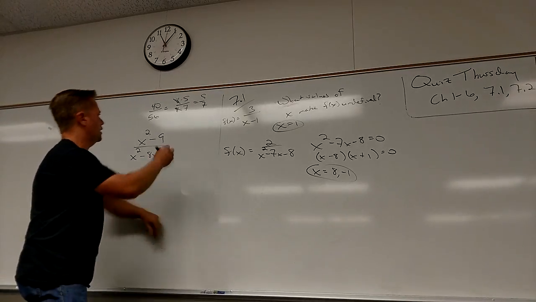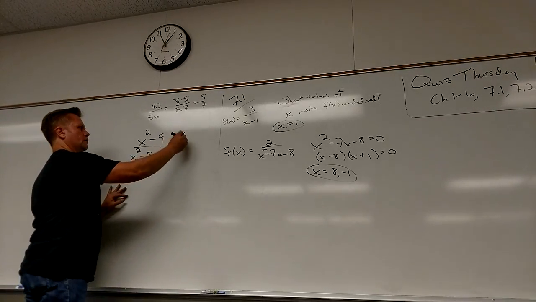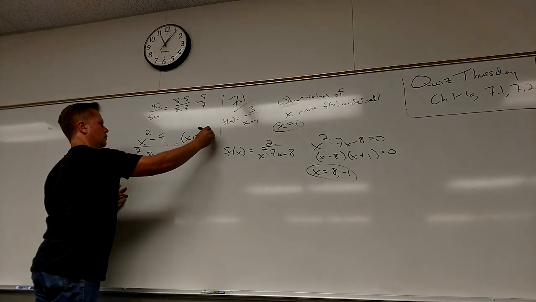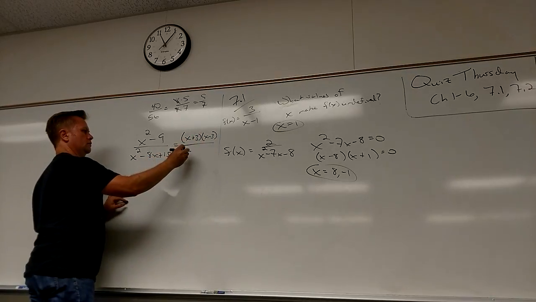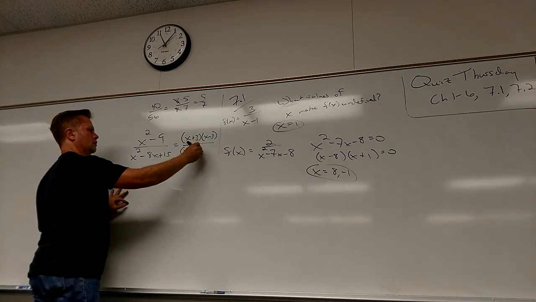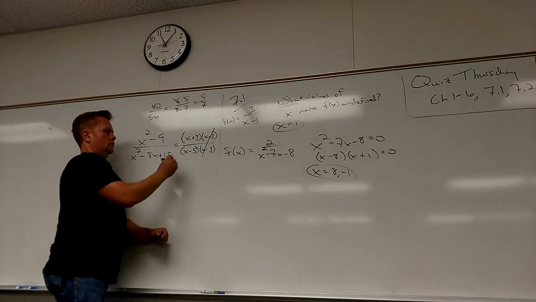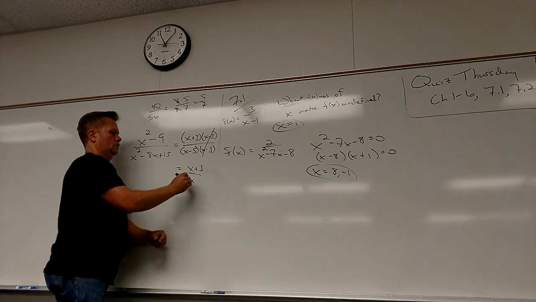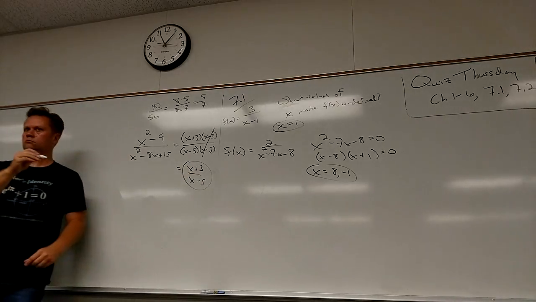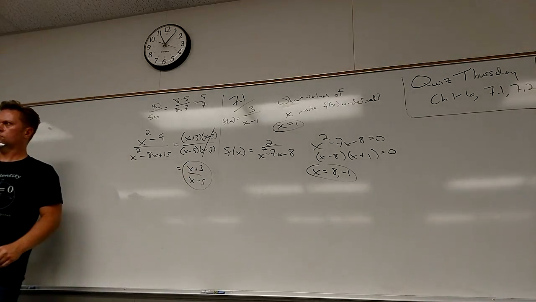So how do you factor the top? X plus 3, X minus 3. And the bottom? X minus 5, X minus 3. What cancels? The X minus 3. Cool. So this is what I mean.